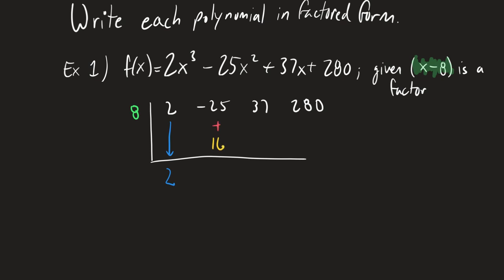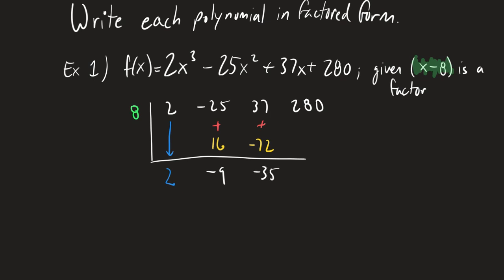Negative 25 plus 16 is negative 9. 8 times negative 9 is negative 72. And negative 72 plus 37 is negative 35.